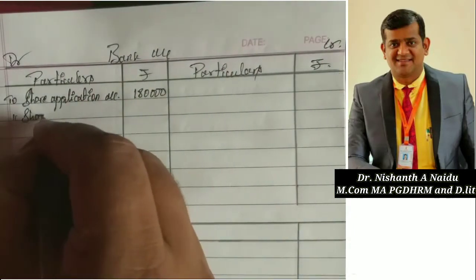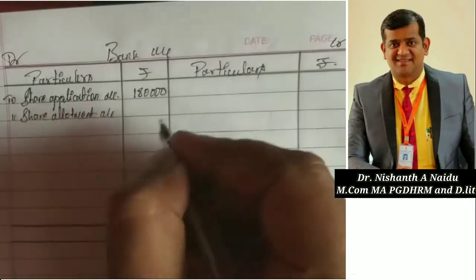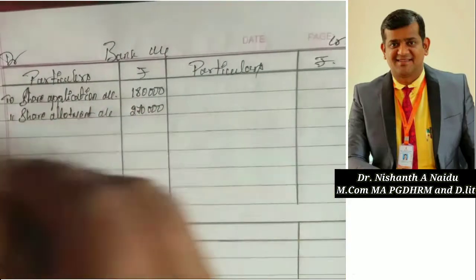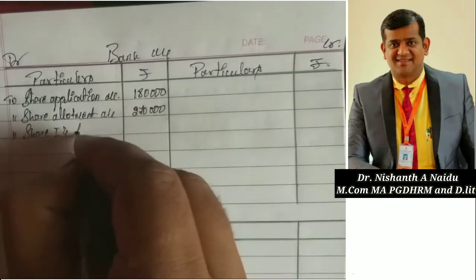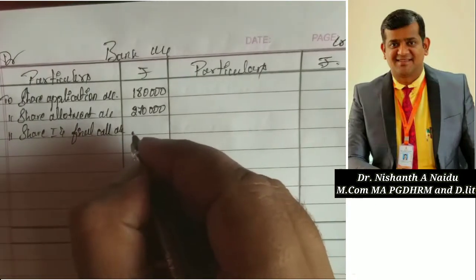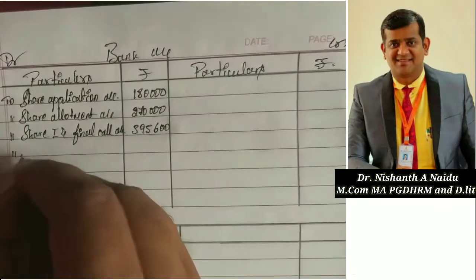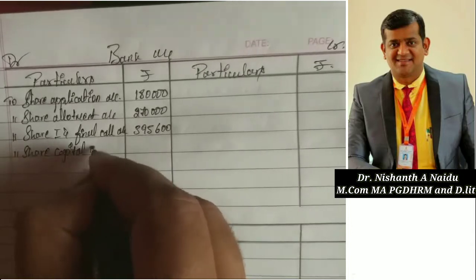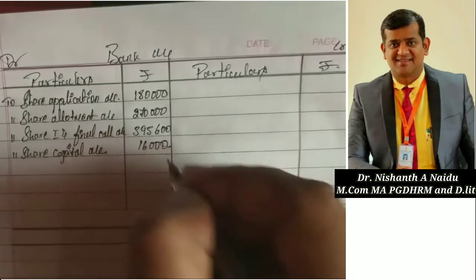To share allotment account. On share allotment, how much have we received? 2,70,000. To share first and final call account. On first and final call, how much have we received? 3,95,600. Correct. To share capital account, that is on reissue, how much have we received on reissue? 16,000 rupees.